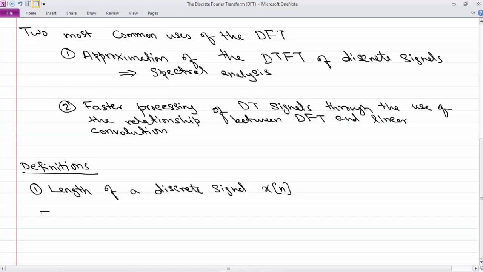For the purposes of digital systems, we often say that it starts at n equal to 0, because in a digital system you are storing values, and without loss of generality, you can say that the first value is always n equal to 0.